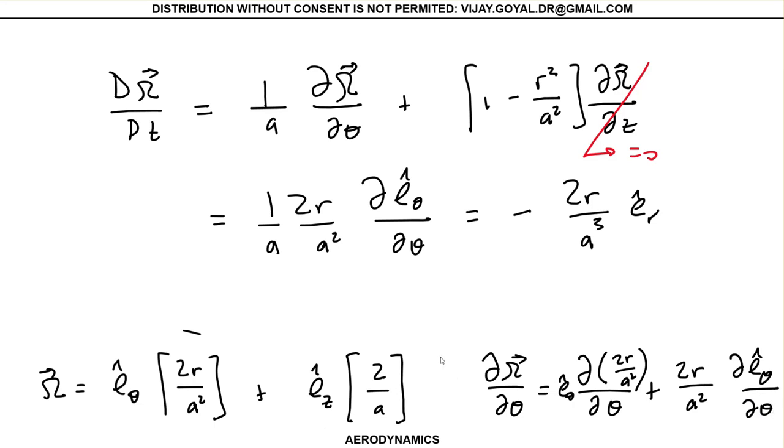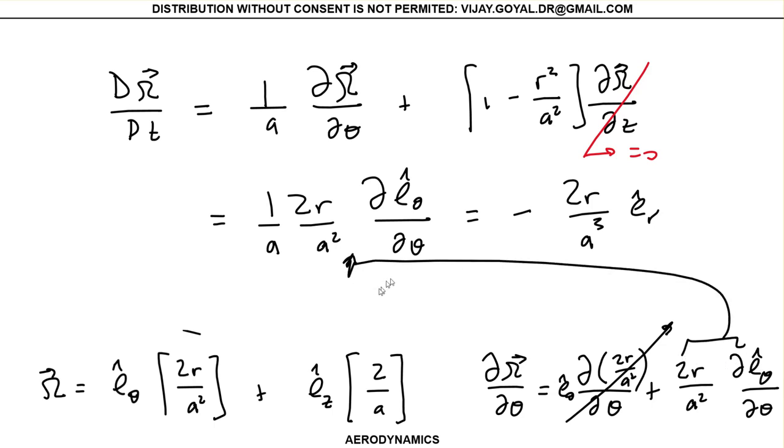This term goes to 0, but it's not a function of theta. So when you see here, this term remains, this term goes to 0 because this is a constant. This term remains, and that's where this term comes from. Okay? So now we found the left-hand side.